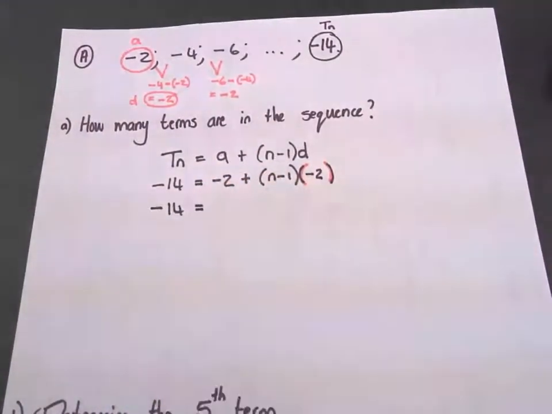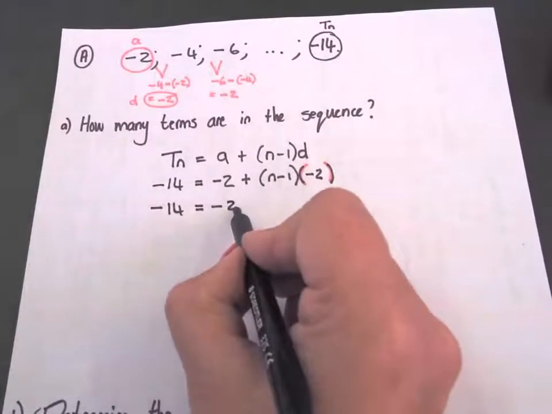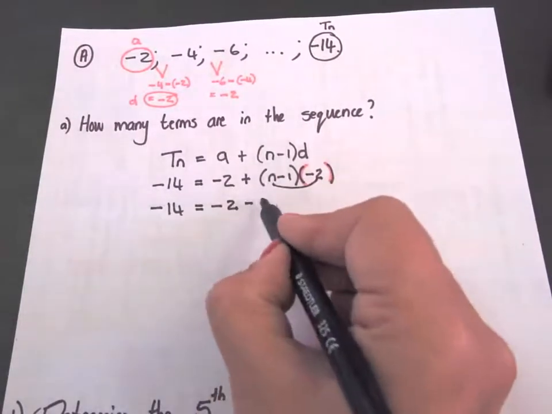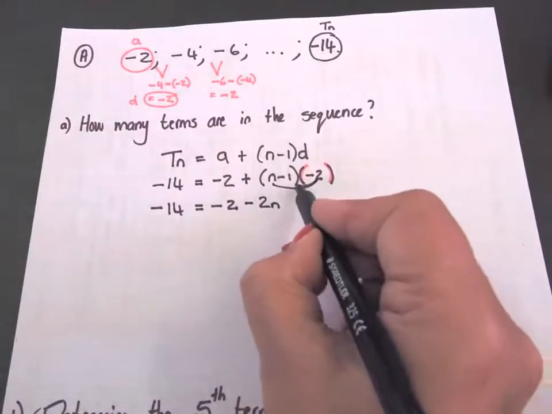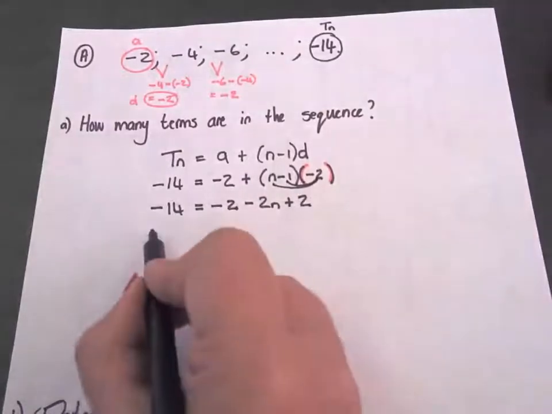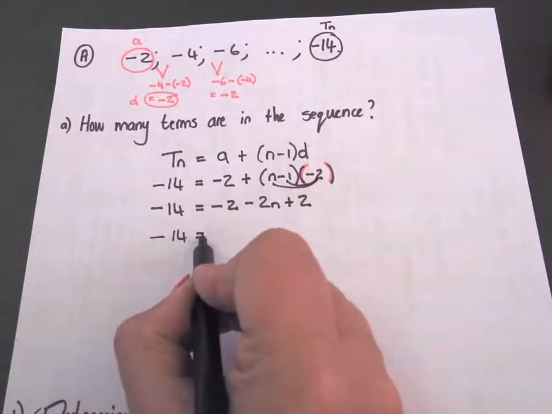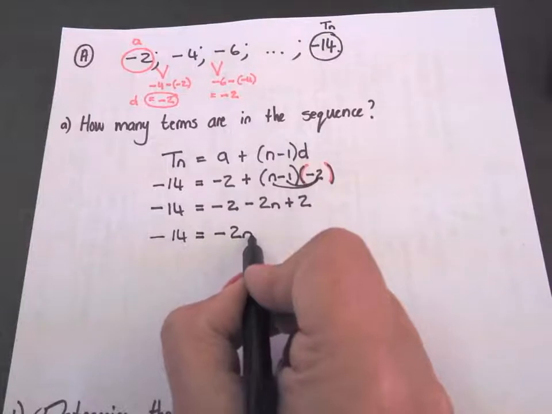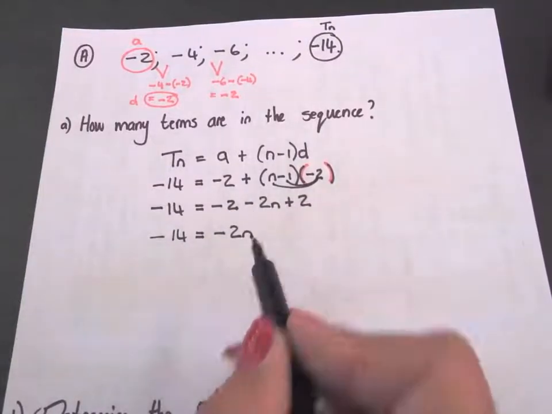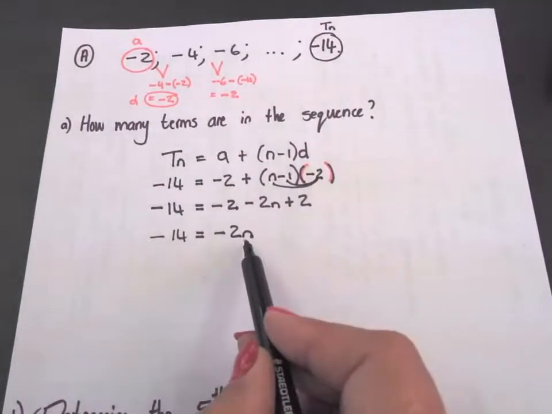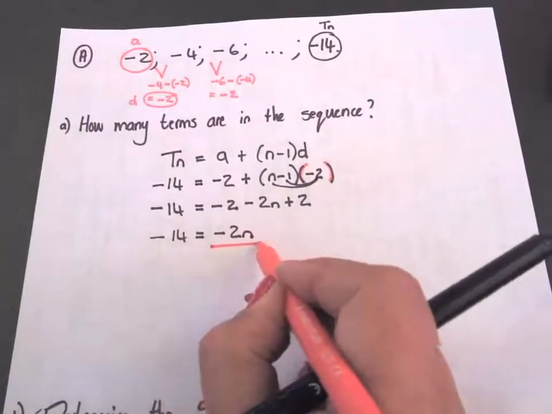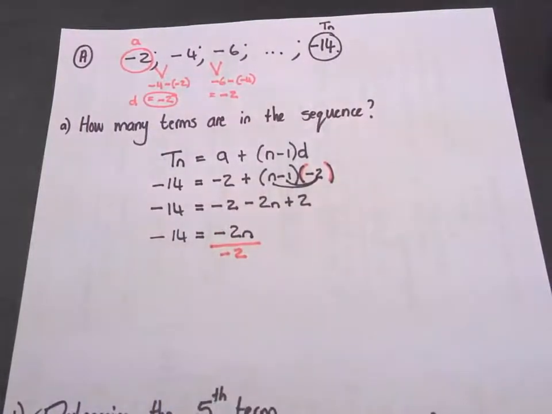Here we have negative 14 equals negative 2. Now we're going to multiply. Minus 2 times n is minus 2n. Minus 2 times minus 1 is plus 2. So negative 14 will be equal to negative 2n minus 2 plus 2 gives you 0. I want n alone, so now I need to divide with the coefficient, which is minus 2.